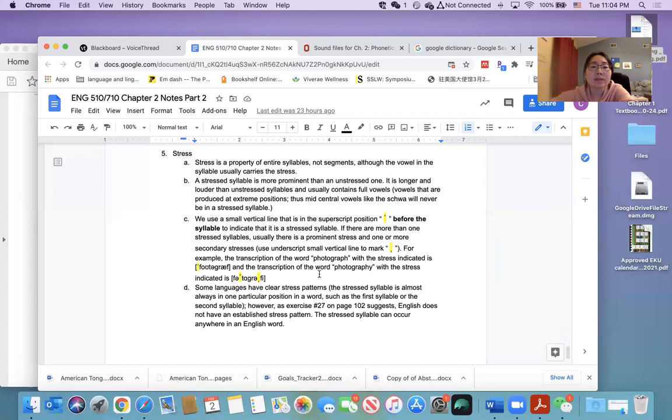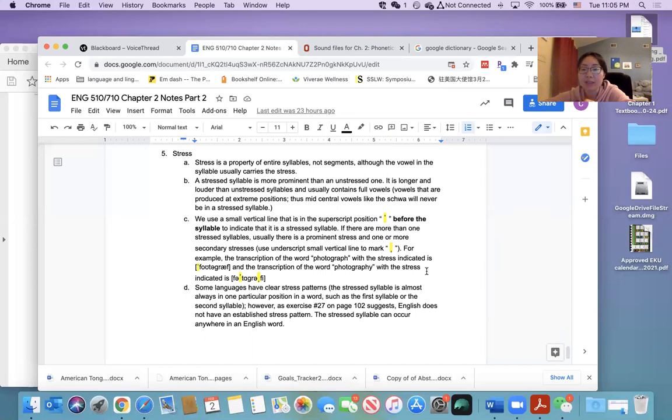Okay. Some languages have clear stress patterns, which means that the stressed syllable is almost always in one particular position, such as all stressed syllables being in the word initial position. However, if you look at exercise 27 on page 102, and you try to pronounce all of the words, and find the stressed syllables in each of the words, you will see that English does not have an established stress pattern.